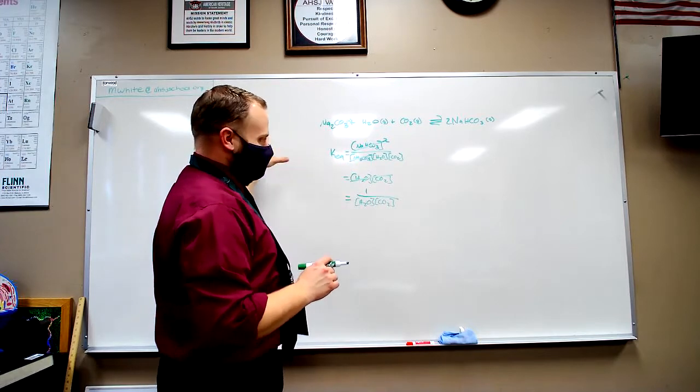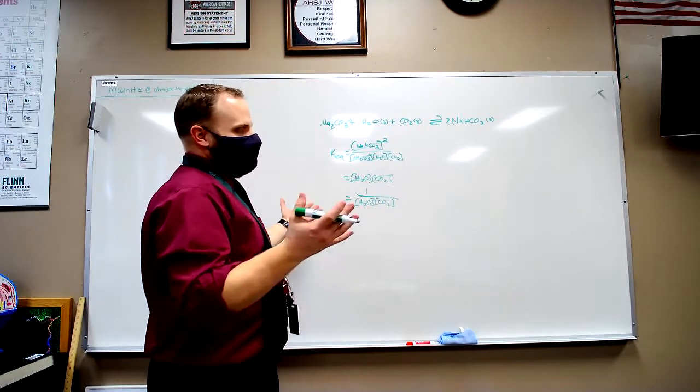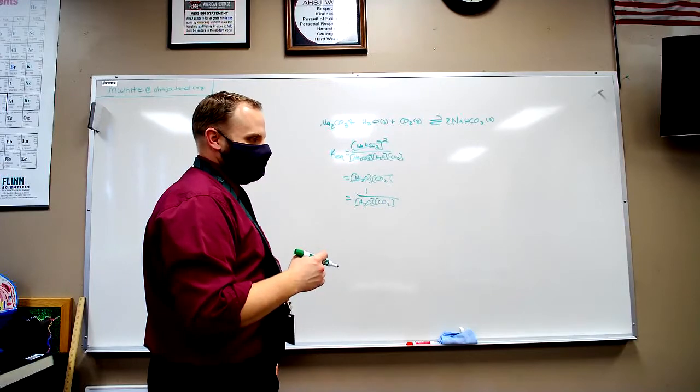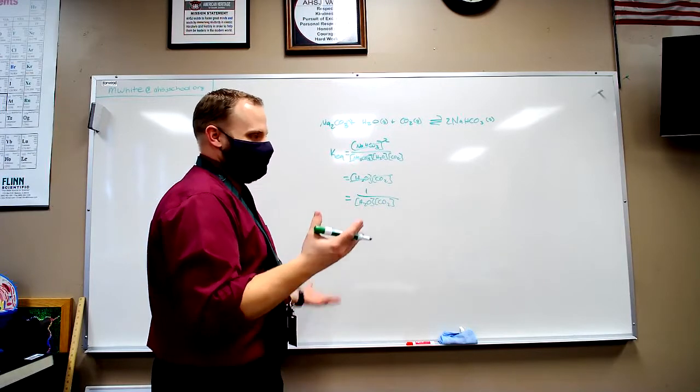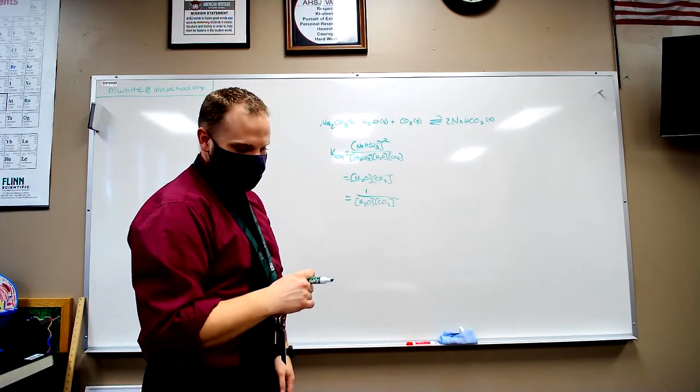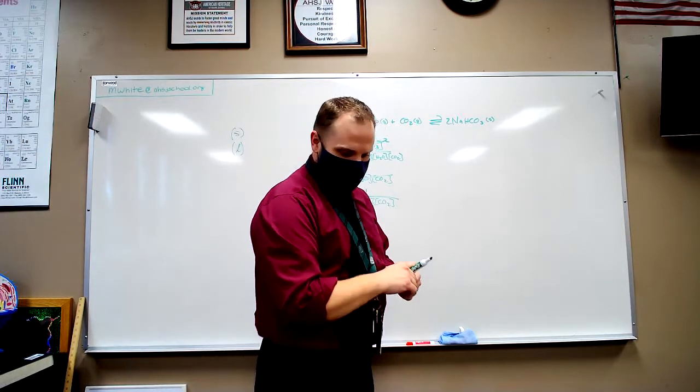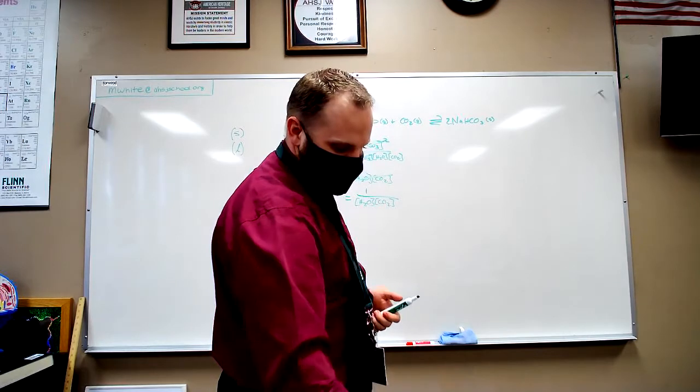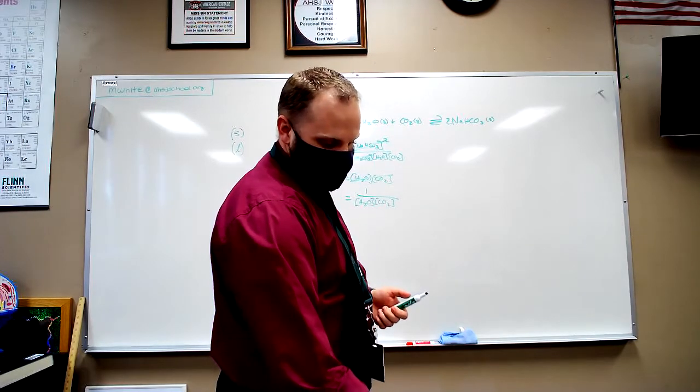Obviously, if we eliminate everything on the bottom, you could write over 1, but that's sort of a waste of time because it just doesn't change anything. And that's why we tend to ignore it if it's on the bottom.